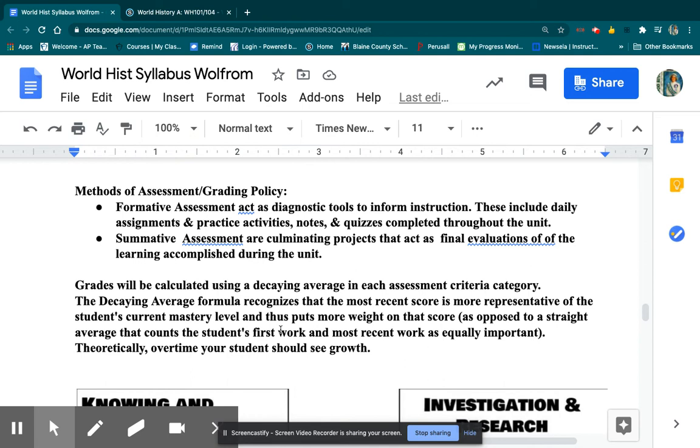So I calculate grades using what we call a decaying average. And like I said, in each assessment category, each new assignment is weighted more than the previous assignment in that category, which means ultimately the first time you practice it, it really isn't worth as much as the last time you practice it. This is different than a straight average where your first assignment and your last assignment are equally weighted. So theoretically, over time, you should see growth in your learning.